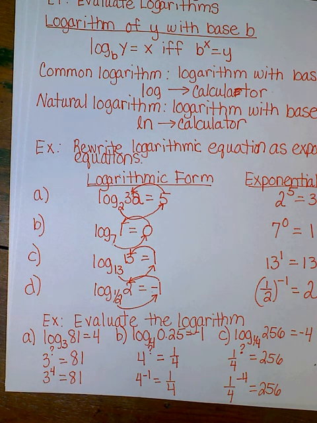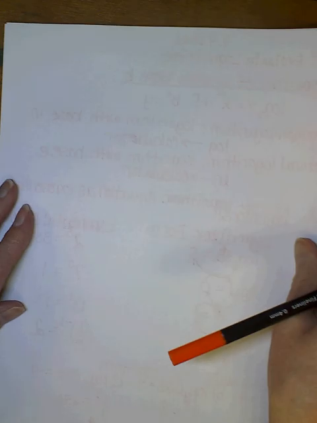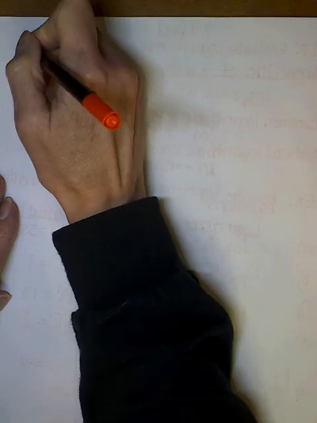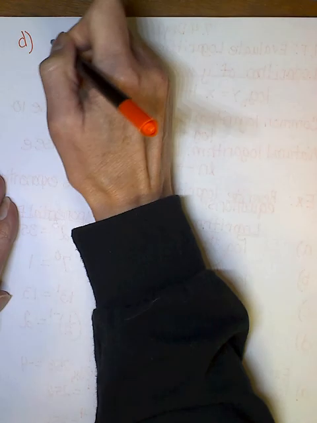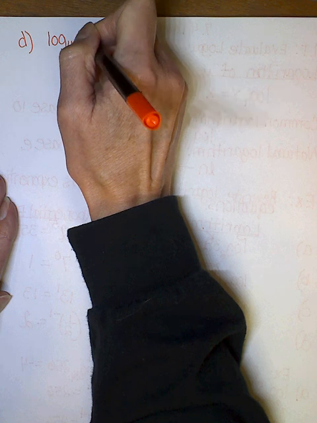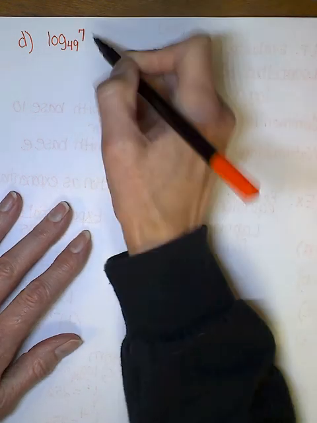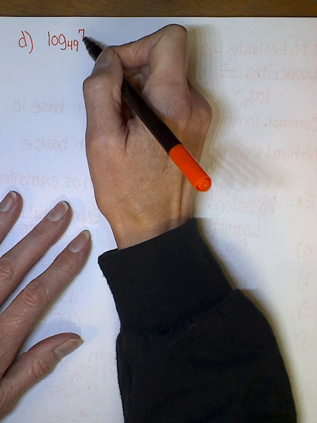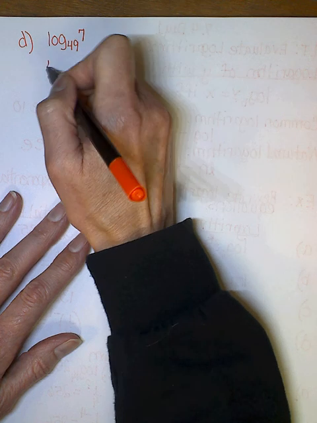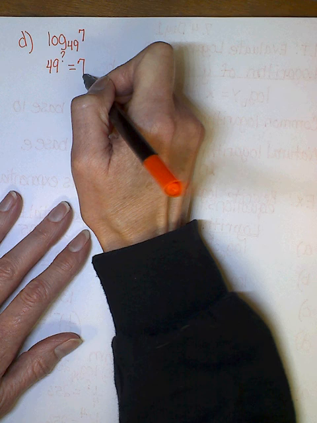Okay, I have one more example here for how to evaluate. All right. So if I had log base 49 of 7, I want to know 49 to what power, so I'm putting a question mark, would equal 7.